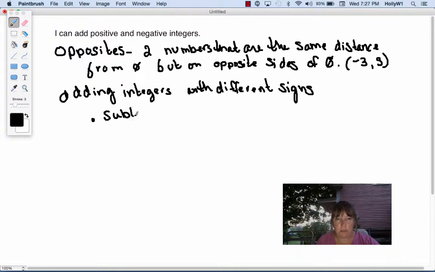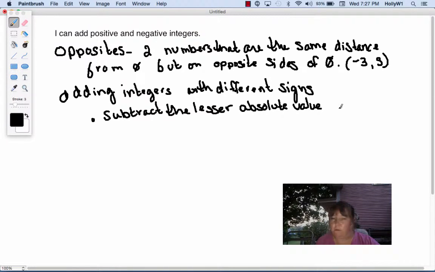First step is to subtract the lesser absolute value from the greater absolute value.